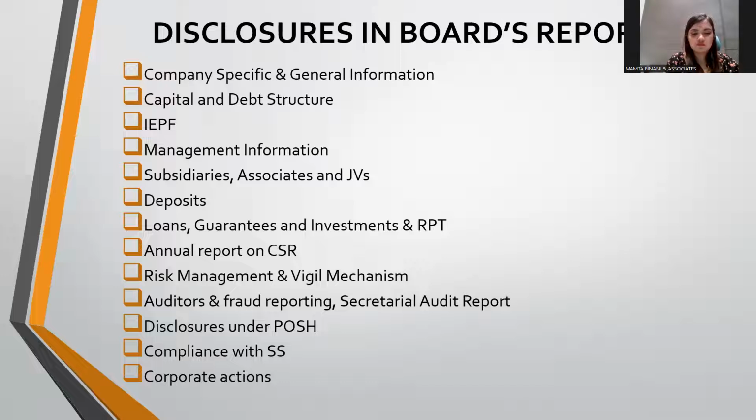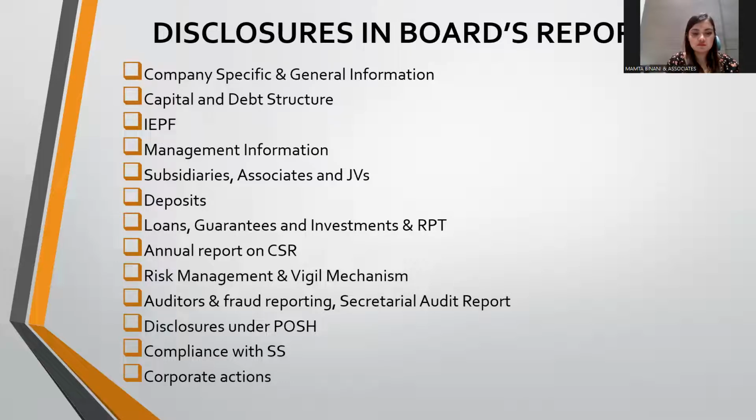Next is management information. What is management information? We have to include the details about the directors, KMPs, independent directors, and whether declarations from independent directors are taken or not.